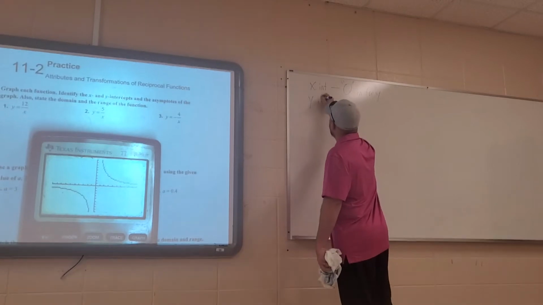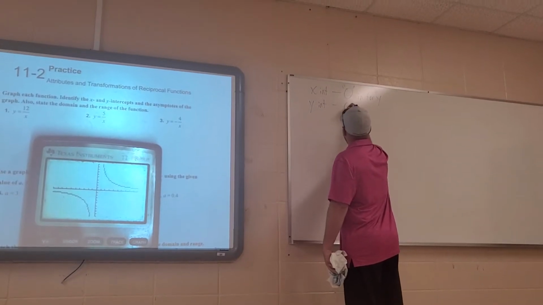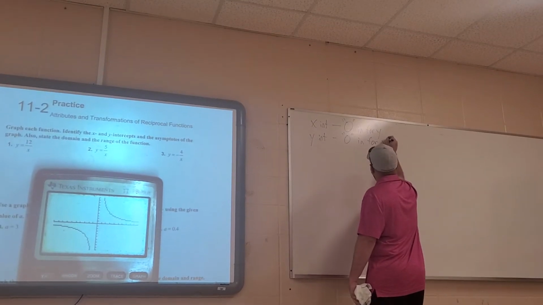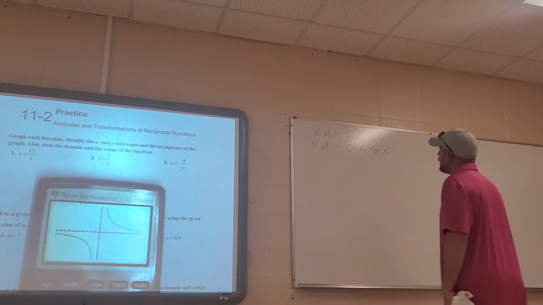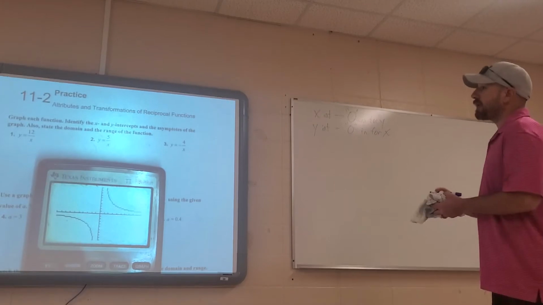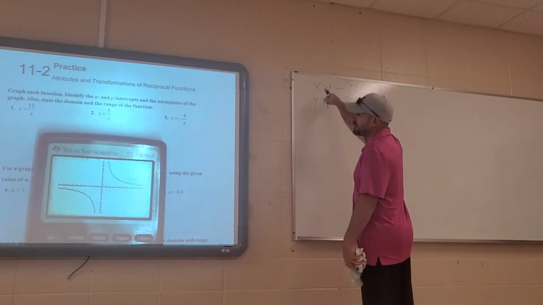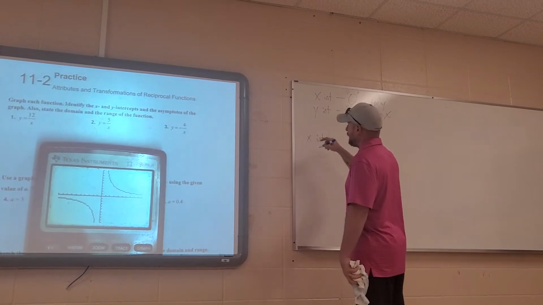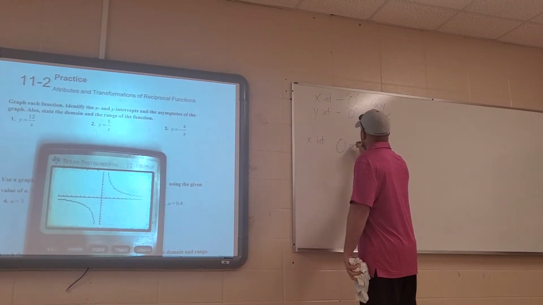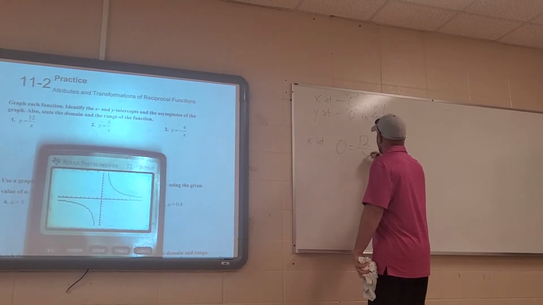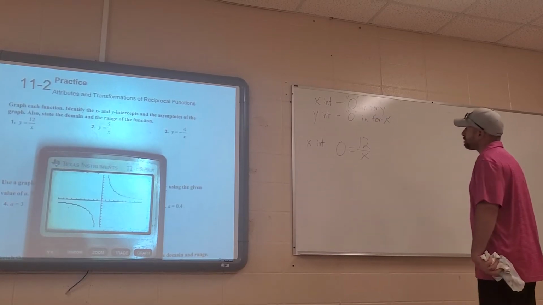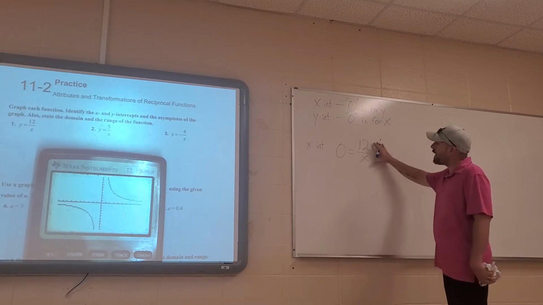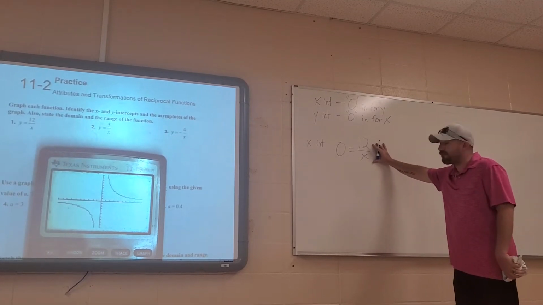And for the y-intercept, 0 in for x. Okay? So, let's do that. For the x-intercept first, on number 1, we do 0 equals 12 over x. Okay? So there's no way that this can ever be 0.